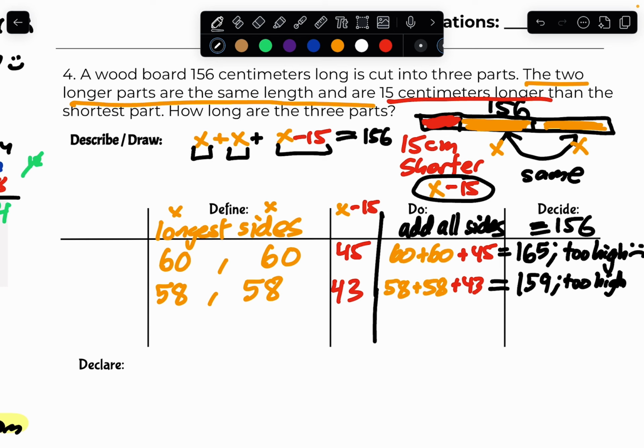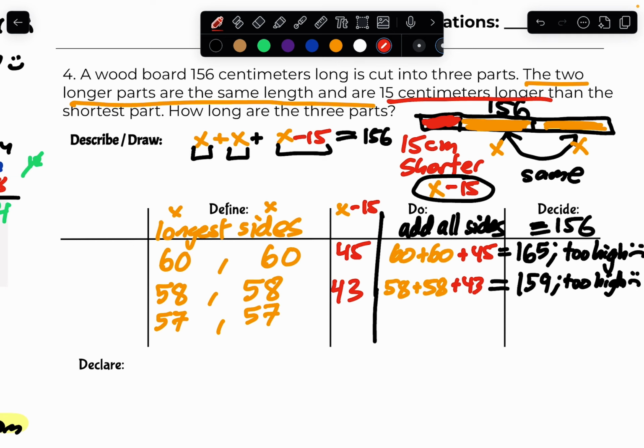At this point, I do want to double check though. So 58 plus 58 is 116. 116 plus 43 is 159. So that was still too high. All right, so that means we were super close. Look how close we were. We were only 3 off, so we're going to guess that this is going to be 57 and 57.